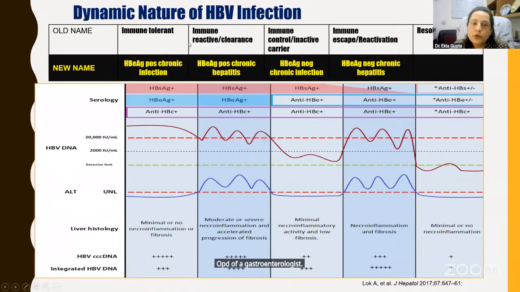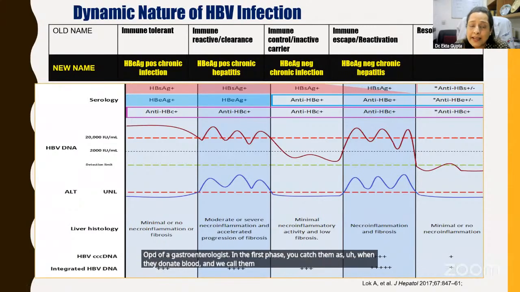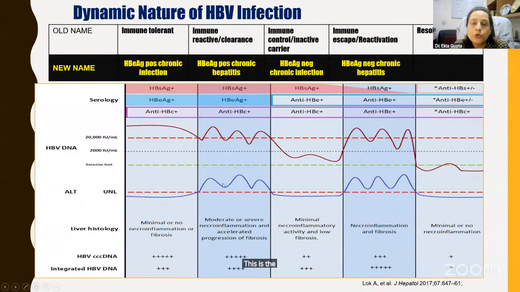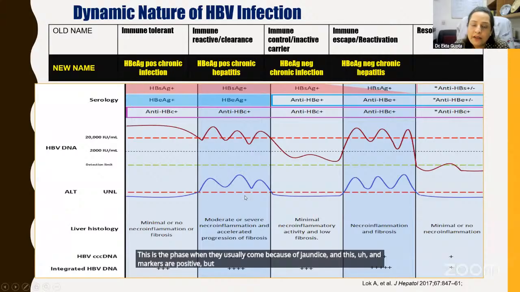In the first phase, you catch them when they donate blood, and we call them incidentally detected hepatitis B surface antigen positive, meaning IDHAS. This is the phase when they usually come because of jaundice, and markers are positive, but you also have deranged ALT. Treatment is usually mandatory when the liver damage starts.